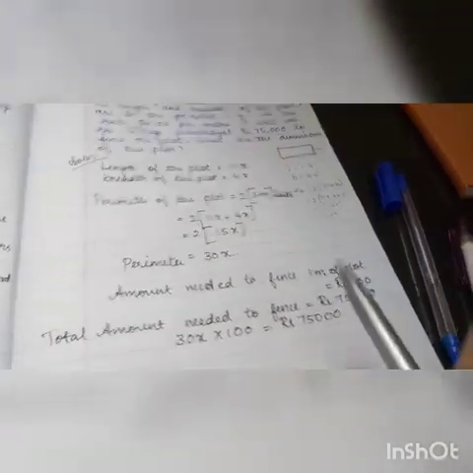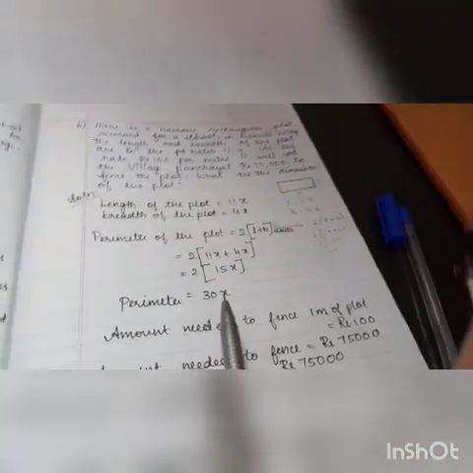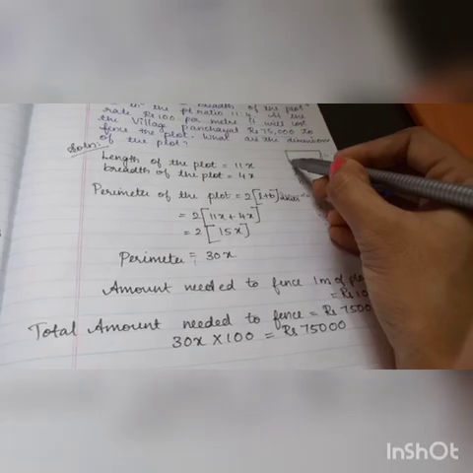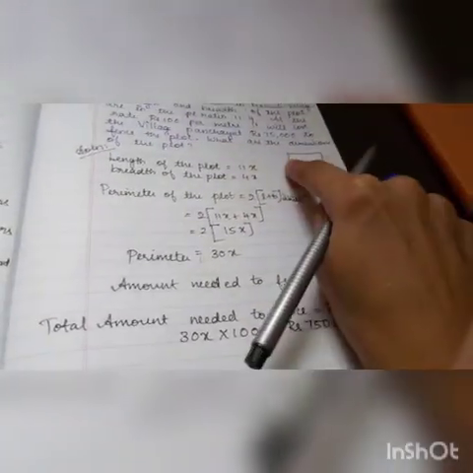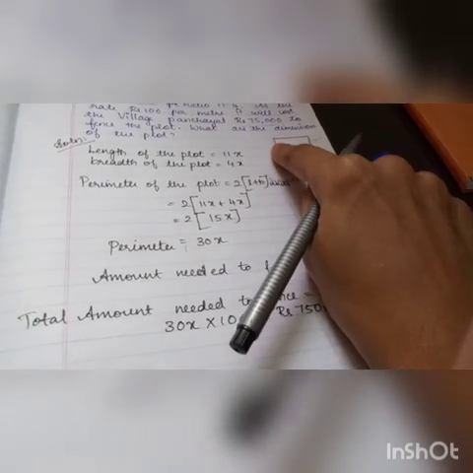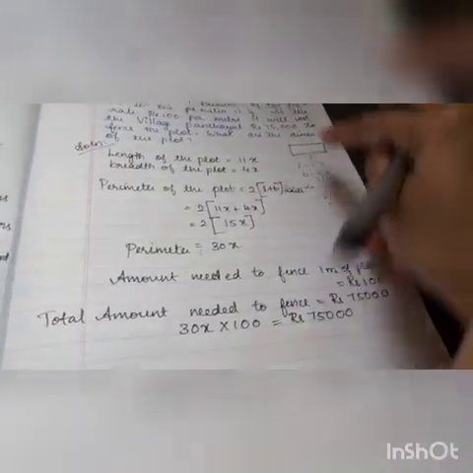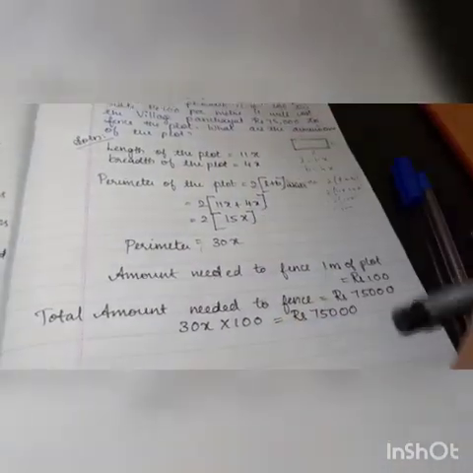Listen, children. The perimeter of the plot is 2 into L plus B. I have found the perimeter; this is the total length of the fence. But for 1 meter it costs 100 rupees, and the total amount for fencing is 75,000. So 30x into 100 gives you 75,000, right?